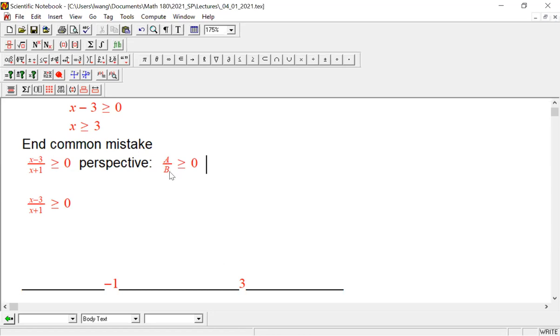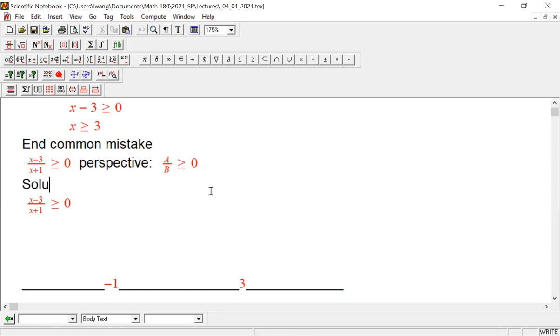Either A is positive and B is positive, or A is negative and B is negative. When both numbers have the same sign, the quotient is going to be positive, right? That's principle number 6. So that should be our guiding principle.